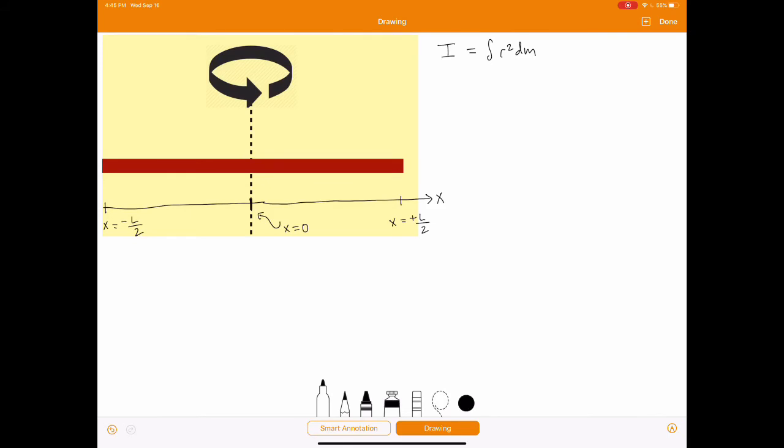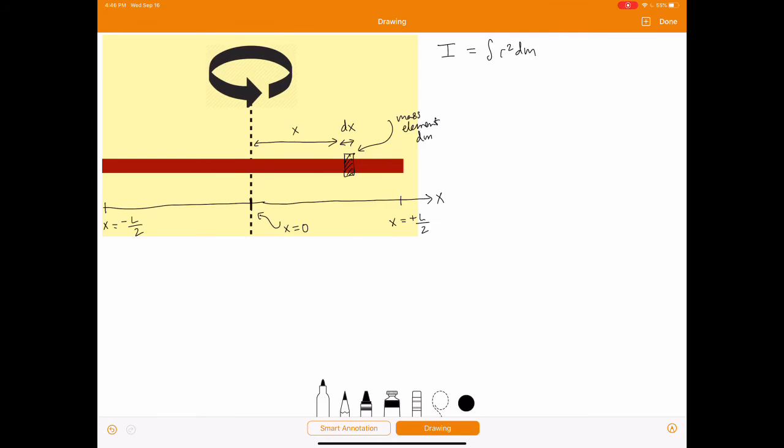Let's take a little section of the rod here, and let's say that's our mass element, dm, right there. One thing we need to know about this mass element is, what's the thickness? How wide is it? Let's call it dx, because that's a little distance along the x-axis that our mass element spans. Then if we want to locate where the mass element is, we just need to know its x-coordinate.